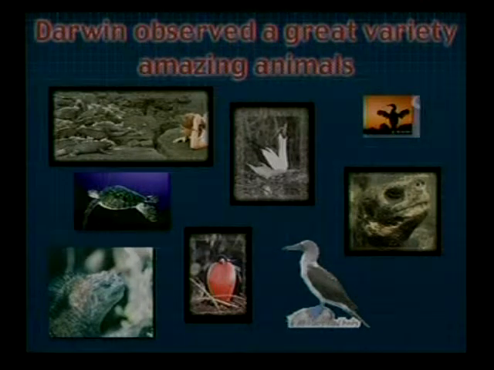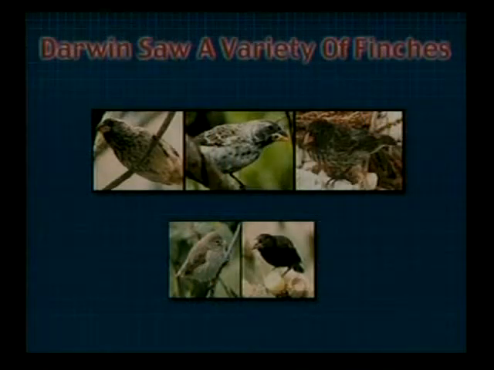He saw variation, and he saw certain finches, for example, on some islands that weren't on other islands, and he could see reasons for that. Some of the finches had little narrow beaks that were designed, I would say, for reaching into the bark and getting the insects out of the bark. Others had big, thick beaks, which were more effective for breaking the seeds that they would find on the ground.